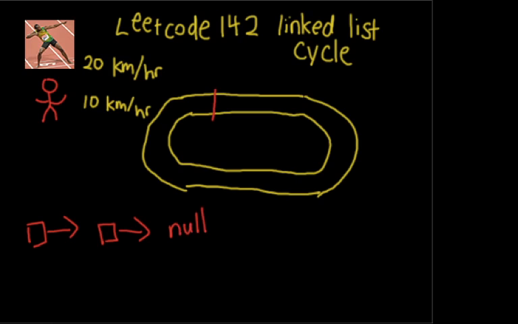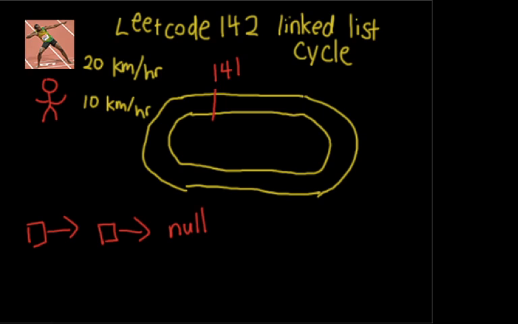If it does end in a null, that means you know the cycle doesn't exist. It's worth pointing out that question 141 on Leetcode is to simply detect a linked list cycle, and 142 is to detect the starting point of that cycle.